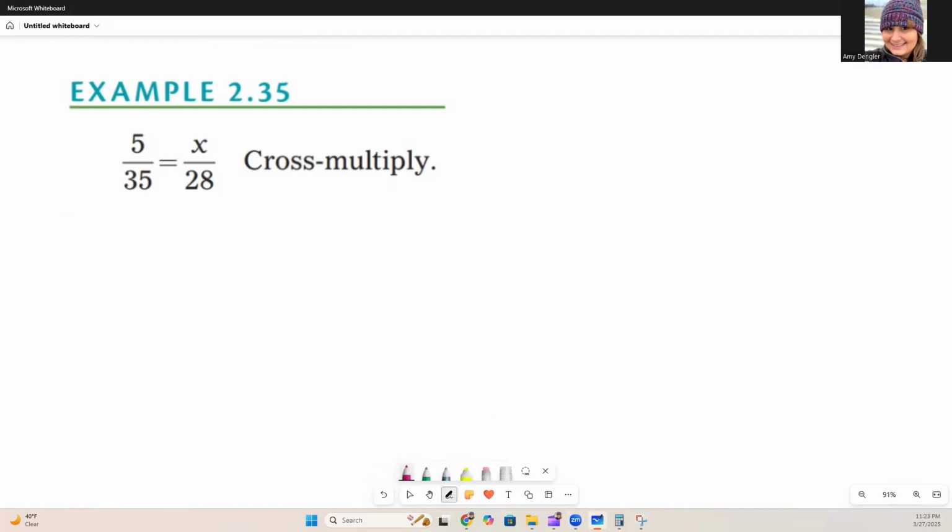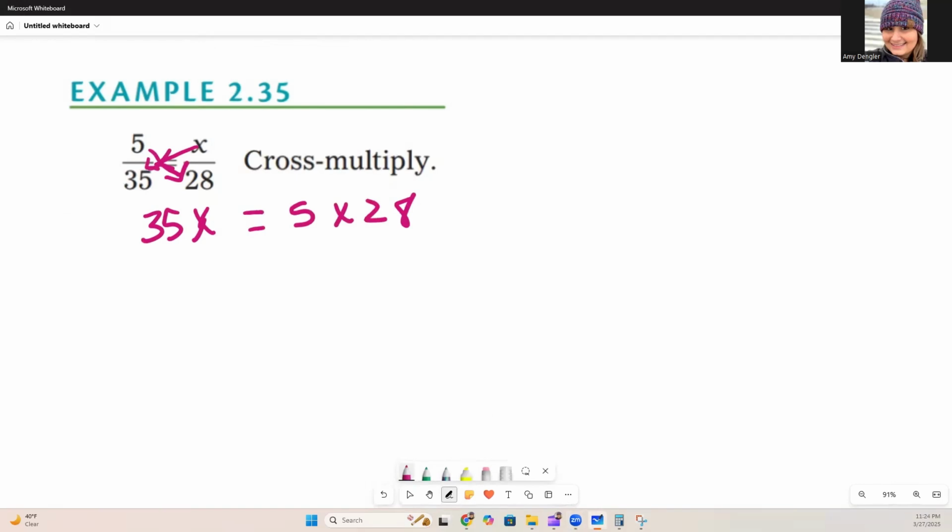We are going to cross multiply and we're going to start with the x. So 35x is equal to 5 times 28. So we're cross multiplying both sides.